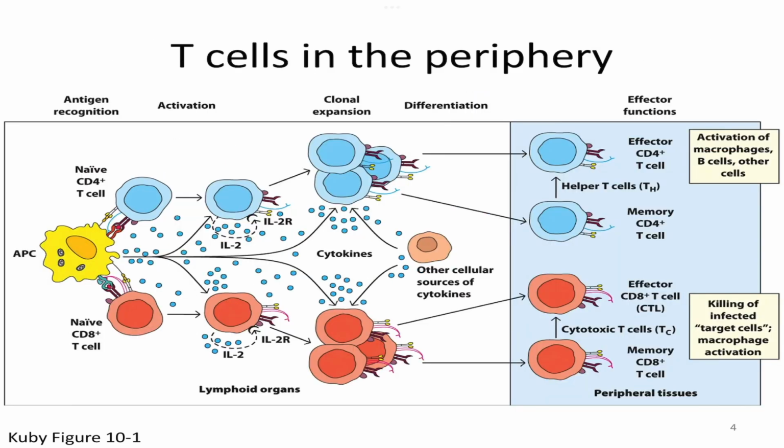If we were to talk about CD4 T cells overall, the big thing that we really think about with CD4 T cells in terms of their effector function is not the killing of target cells.